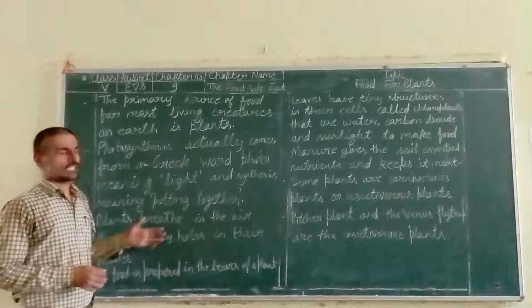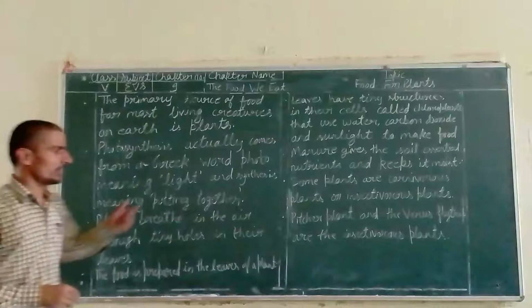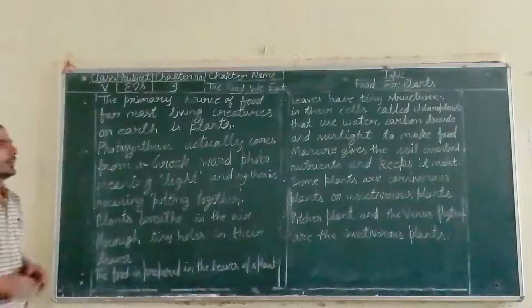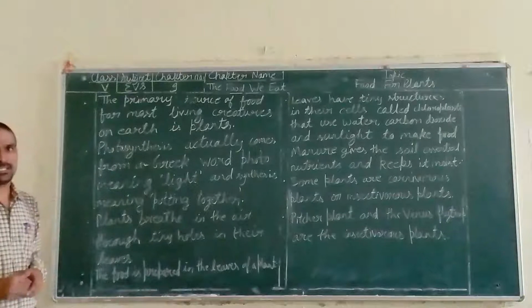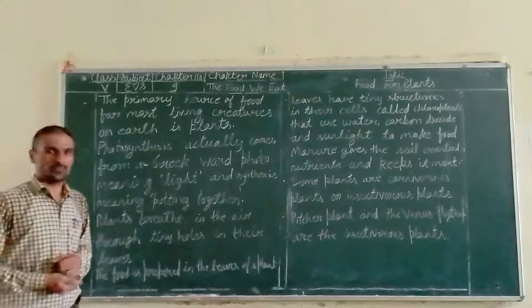So in today's class, we learned how plants get their food, and that a few of them are insectivorous plants. Normally, plants totally depend on the photosynthesis process for food.